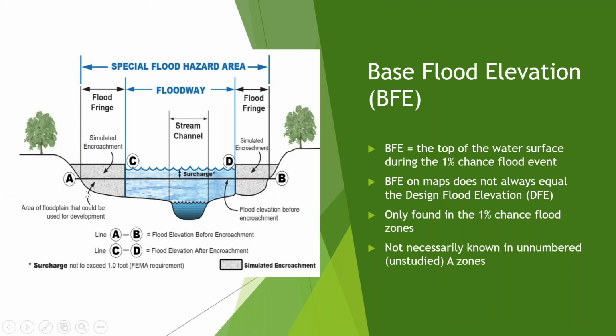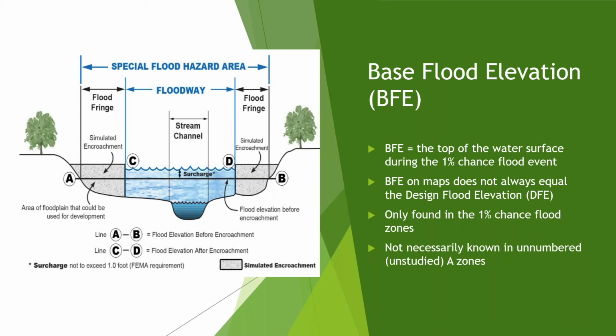And in this case, they've determined it would be this line here from A to B. So in a 1% chance flood, the water that's normally only this high would now be this high in that flood. So you can see that folks have a lot of trouble sometimes realizing when they're in the floodplain because their neighbors say, oh, it's never flooded here, or oh, my family's had this home for 60 years and they've never had a flood, and so forth and so on. And that may very well be true.